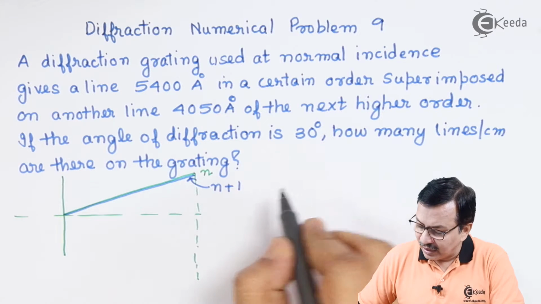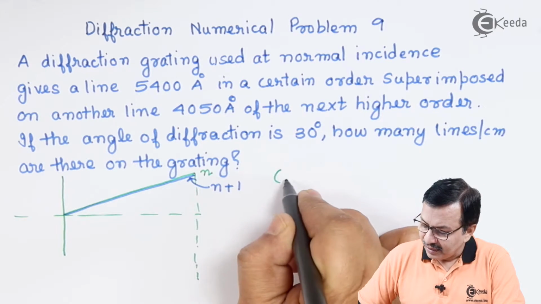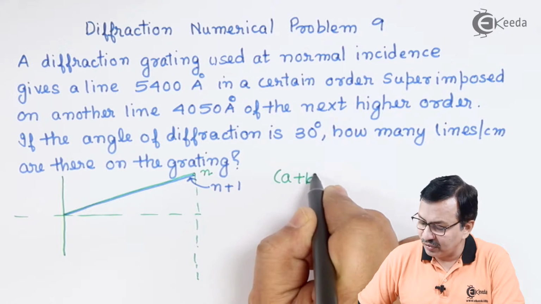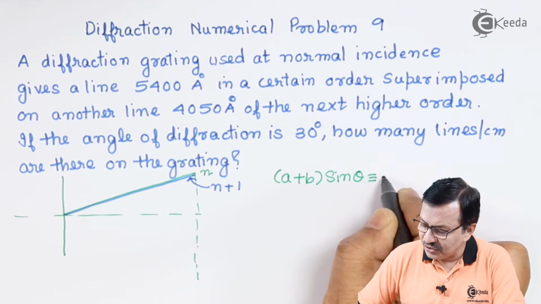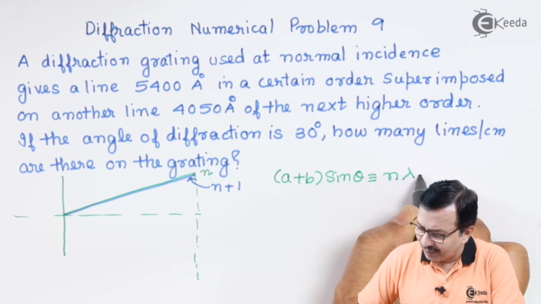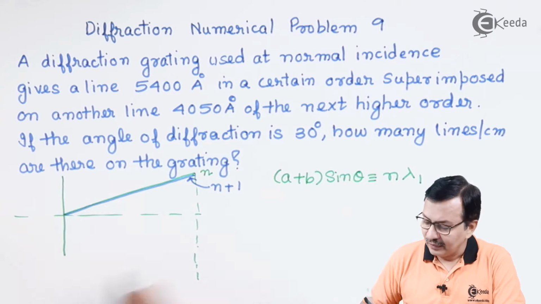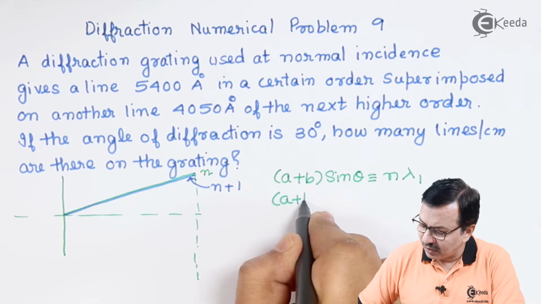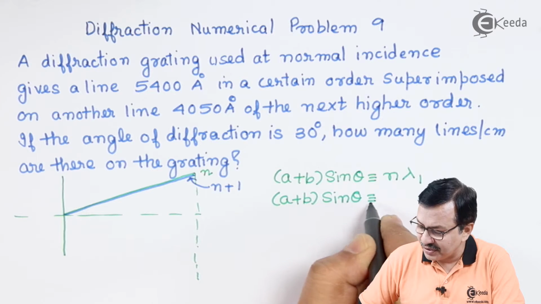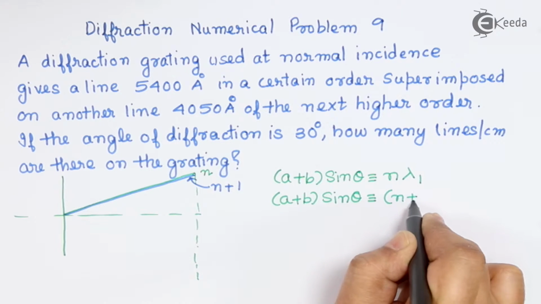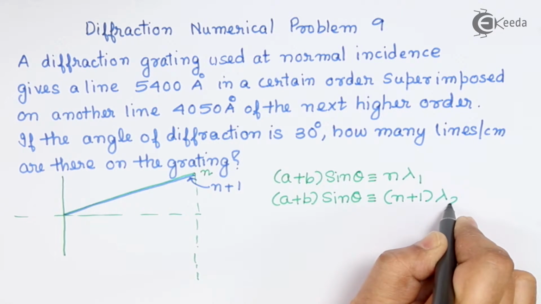We now write down the equations for this. The grating equation will be (a plus b) sine theta is equal to n lambda 1, and this is going to be equal to (a plus b) sine theta is equal to (n plus 1) lambda 2, for the second wavelength.